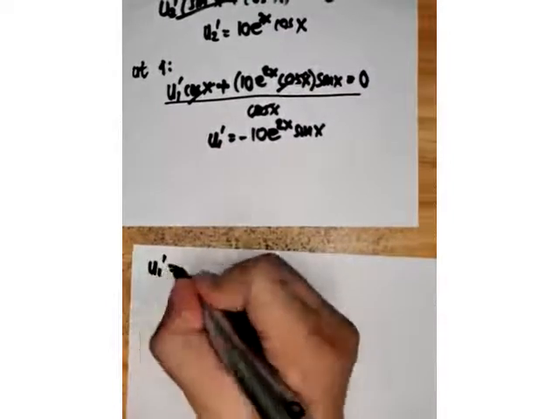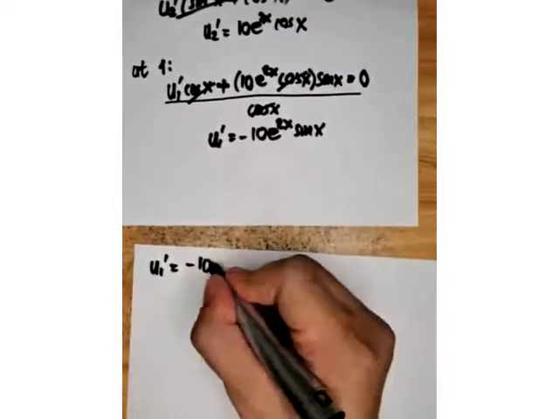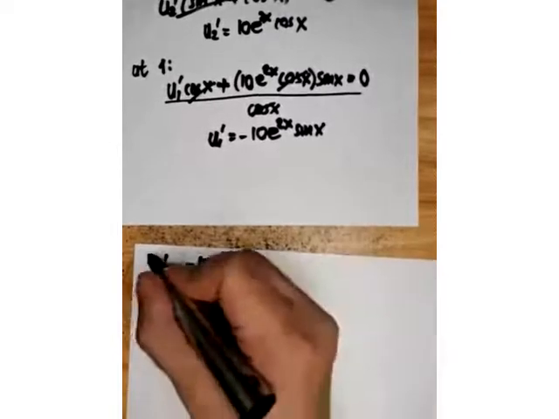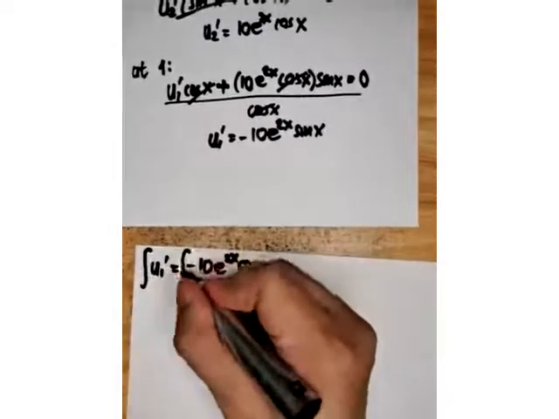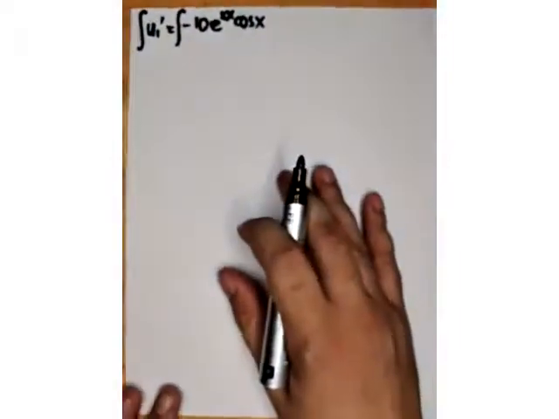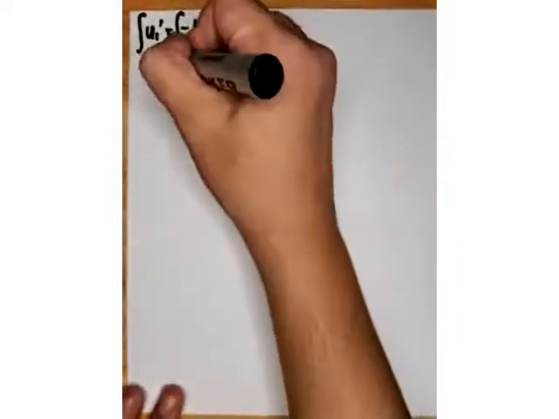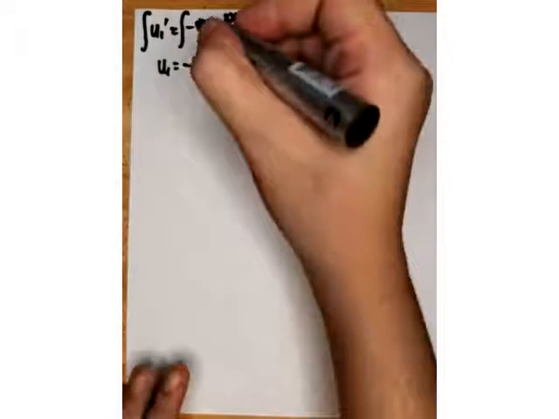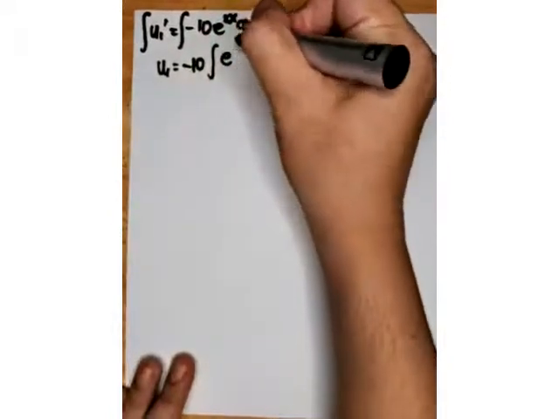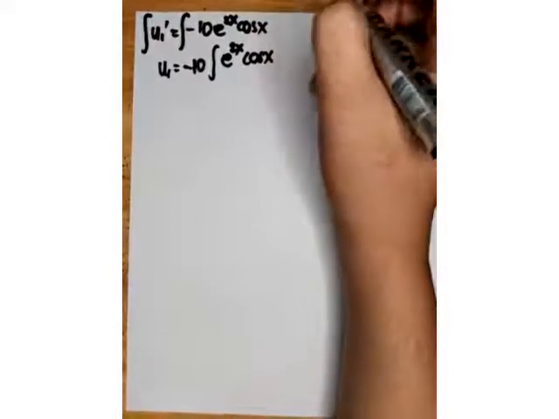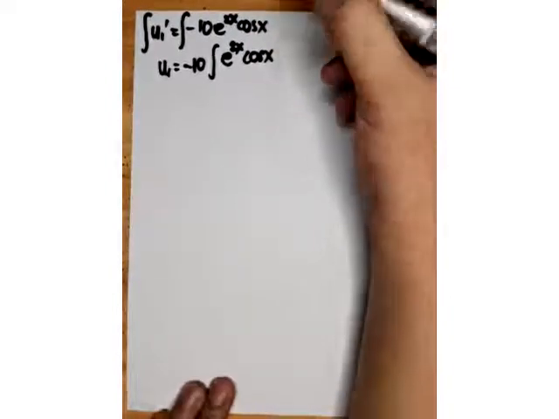Okay, now let's get u1. So u1 prime is equal to negative 10 e raised to 2x cosine x. So let's integrate both sides now to get our u1. So u1 then is equal to, ilalabas ko muna yung negative 10 times the integral of e2x cosine x. Now, anong method ang gagamitin natin?